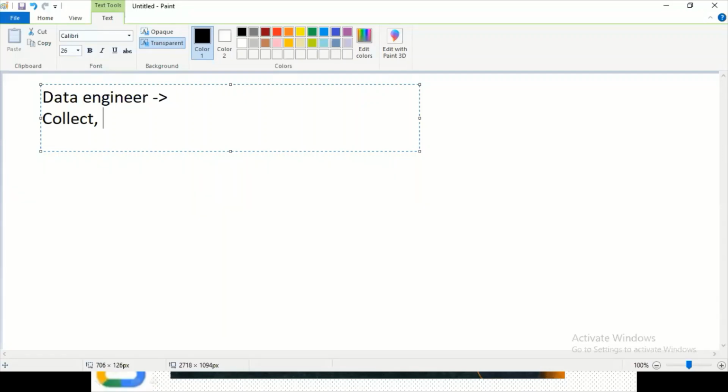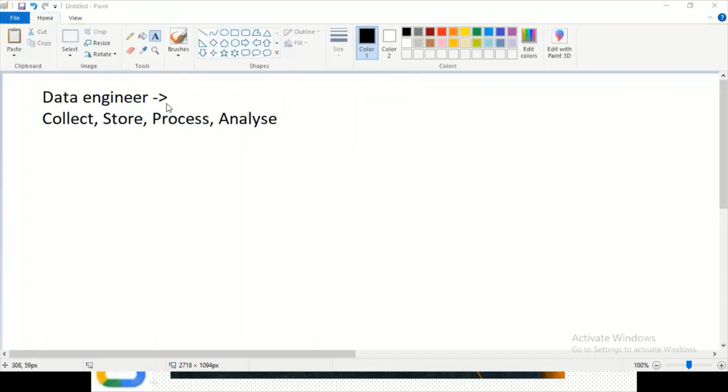We will collect the data, then store it, then process it, then analyze it. So how to collect the data, where and how to store the data, and what kind of processing we need to do. This is the exact data engineer work.